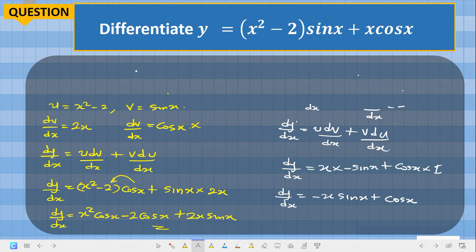Summing them, the first one is s² cos s − 2 cos s + 2s sin s, and this one will be plus (−s sin s) plus cos s.